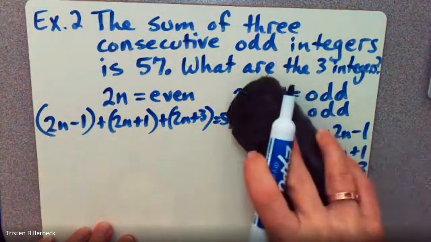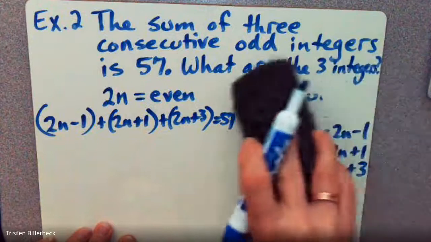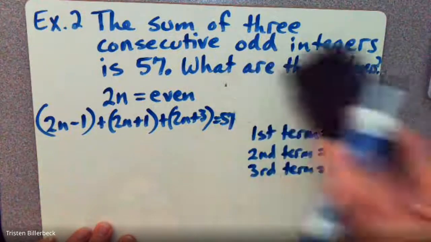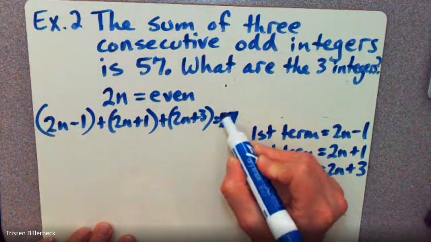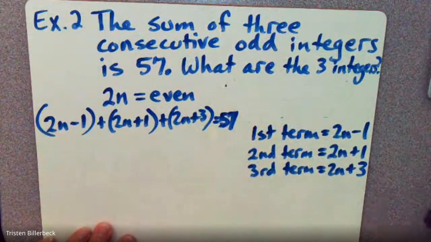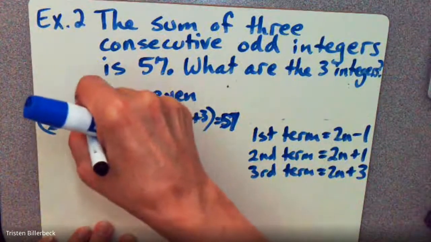I'm going to move this right now so I have more room. So that equals 57. Okay, since we're doing addition, the parentheses really don't matter. So let's get rid of these parentheses.